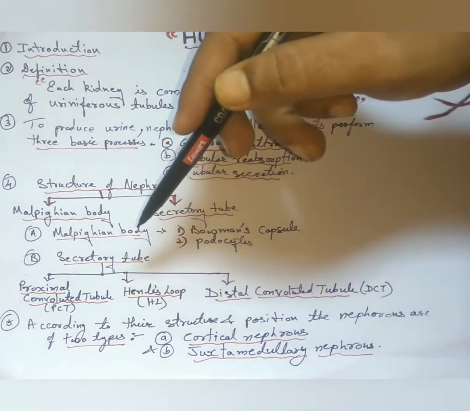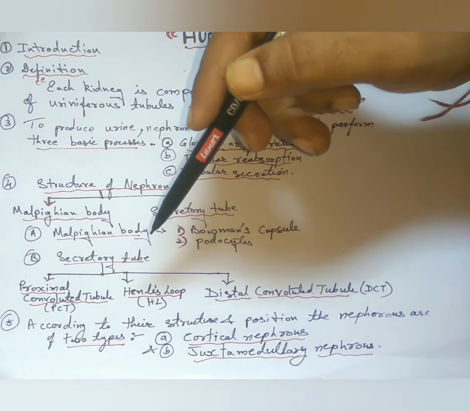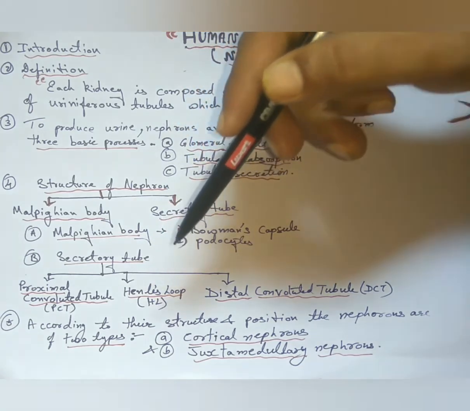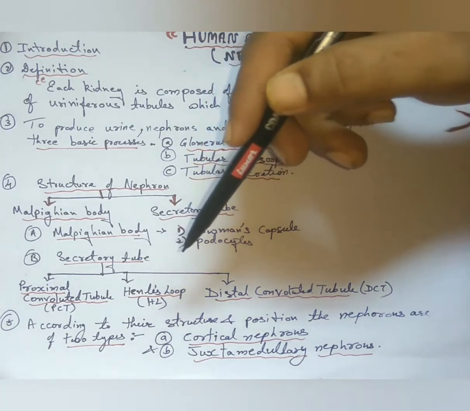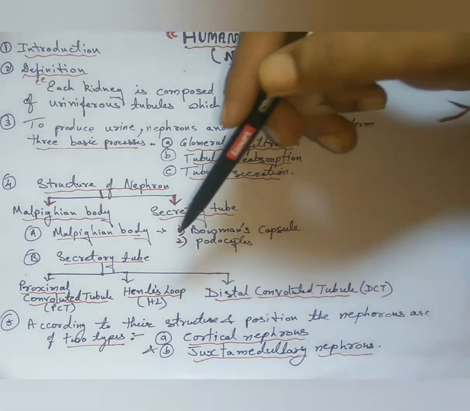The first, proximal convoluted tubule, arises from Bowman's capsule and forms some coils near the capsule itself and proceeds backward. It goes to the medullary part of the kidney. After becoming more narrow, the coiled part of the PCT lies in the cortex.